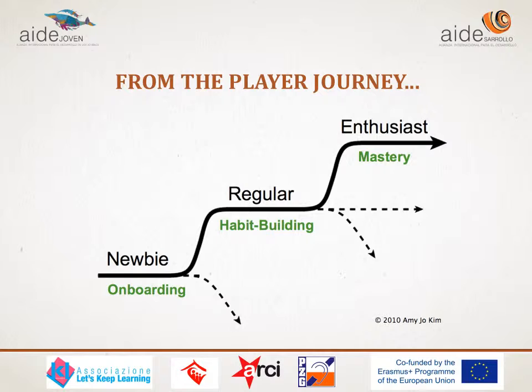If you remember, we were talking about the users of an application going through the so-called player journey, from onboarding to mastery, going through several states from newbie to enthusiast. We depicted this as a ladder, and we talked about the possibility of users dropping off this journey at each of the stages.